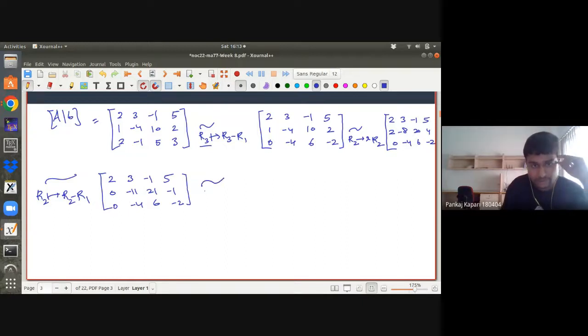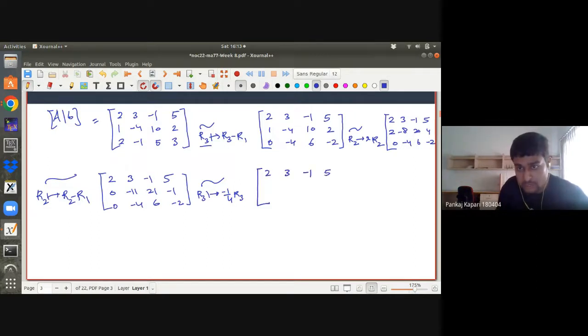That means I'll divide the third row by minus 4, which is equivalent to multiplying the third row by minus 1 by 4. Okay, so let's do that. What will we have? 2, 3, minus 1, 5, 0, minus 11, 21, minus 1.